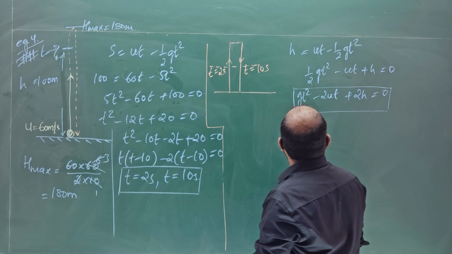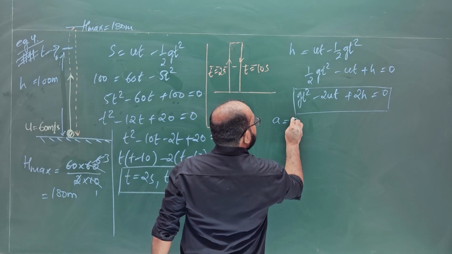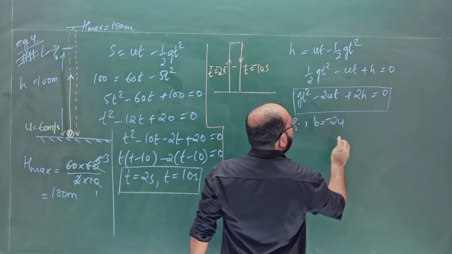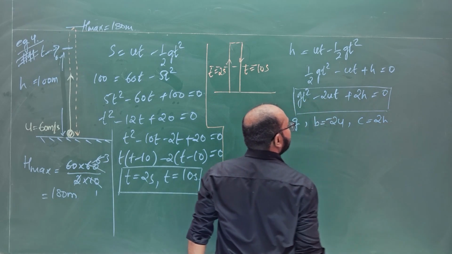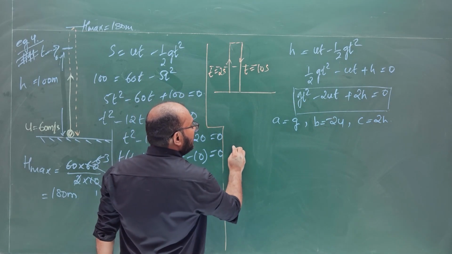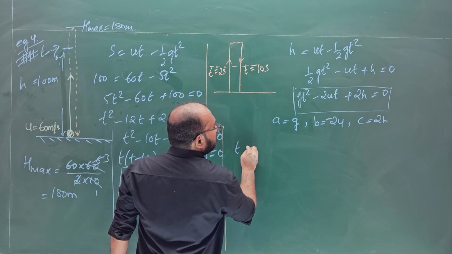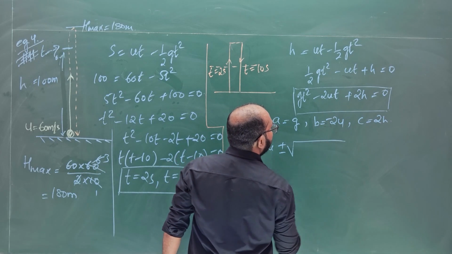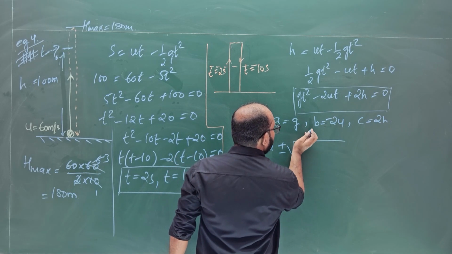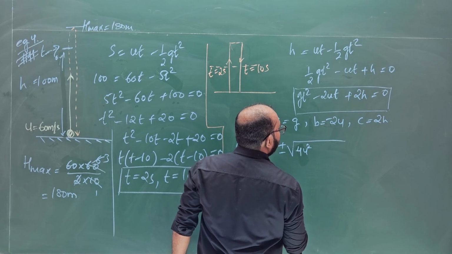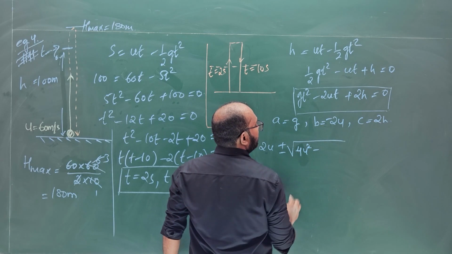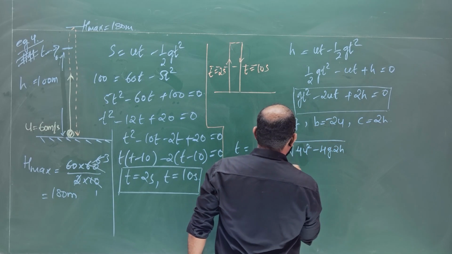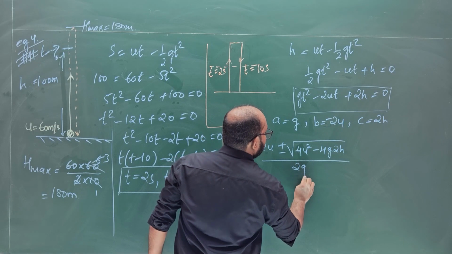If I am calculating the t value, then A becomes g, B becomes minus 2u, and C becomes 2h. Substituting in the quadratic equation, t is equal to minus B, that is 2u, plus or minus under the root of B square, that is 4u square, then minus 4ac, A is g, and this 2h, upon 2g.